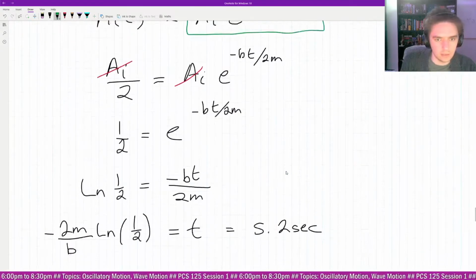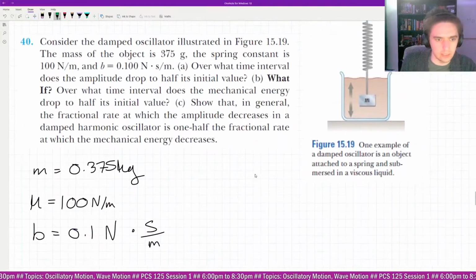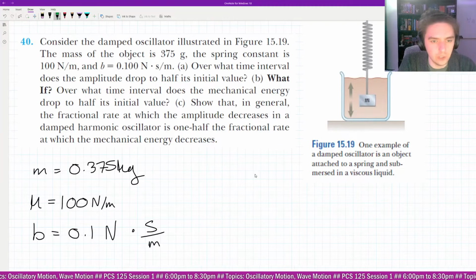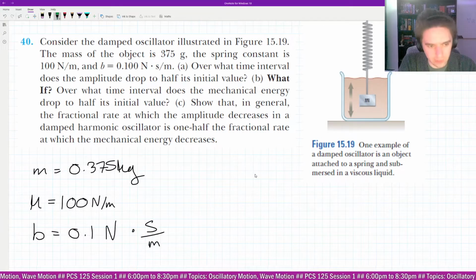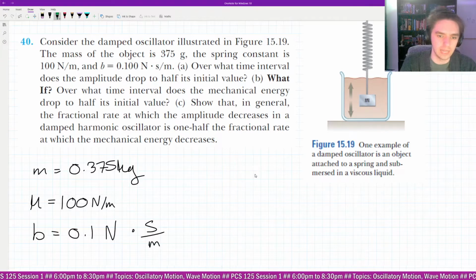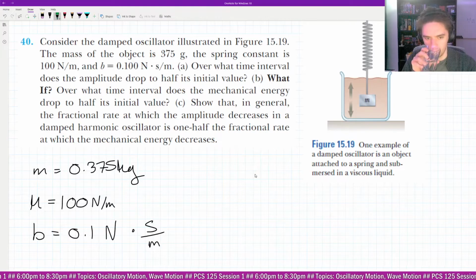Okay, and did I do part C? No, I didn't do part C yet. Okay, so show that in general, the fractional rate at which the amplitude decreases in a damped harmonic oscillator is 1/2 the fractional rate at which the mechanical energy decreases.